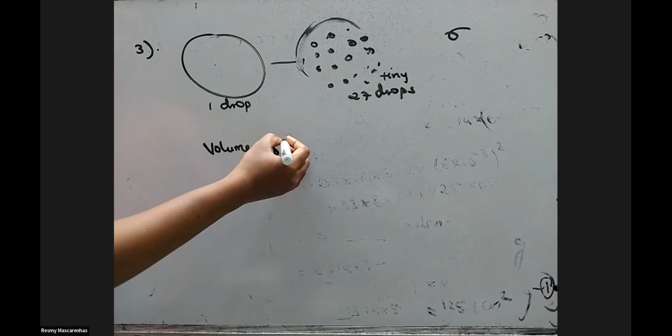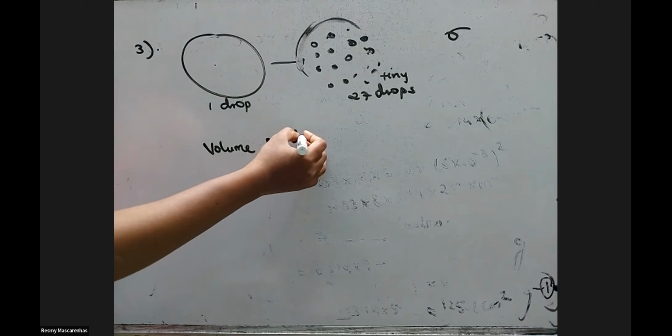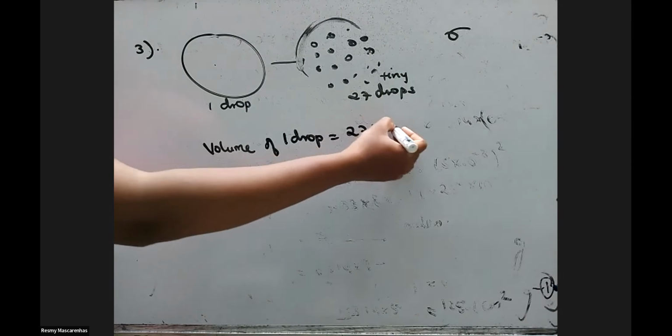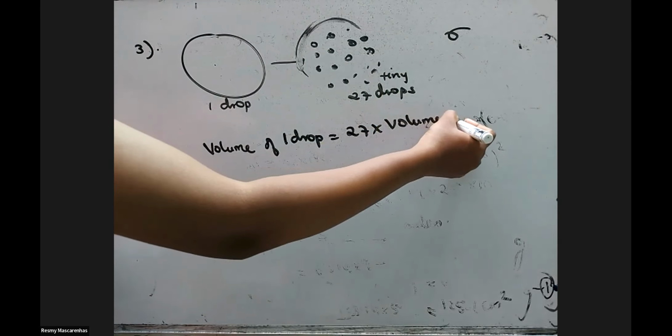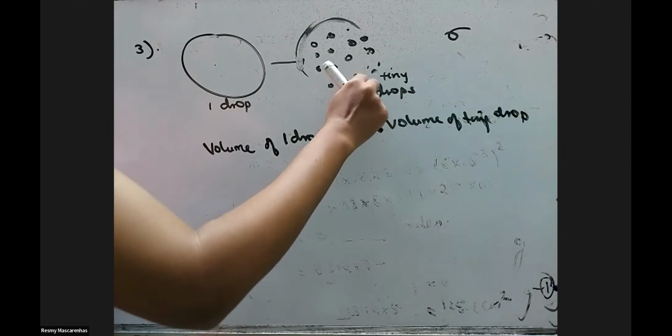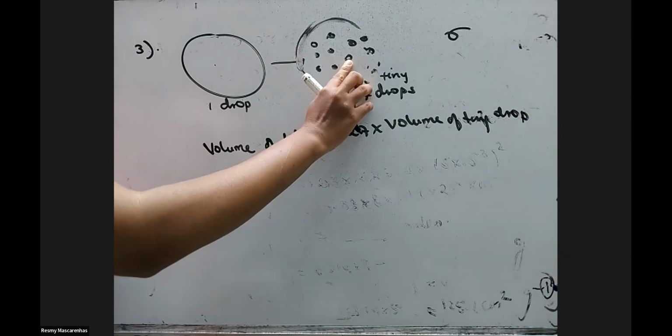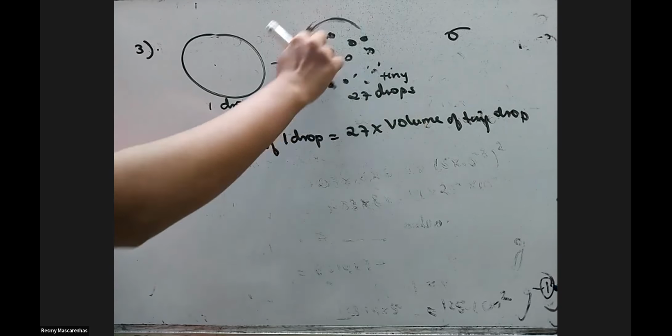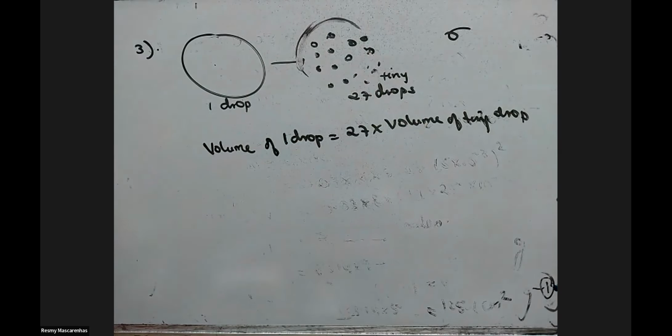Volume of the bigger drop is equal to 27 times the volume of a tiny drop. If you multiply one tiny volume by 27, it should be equal to this.